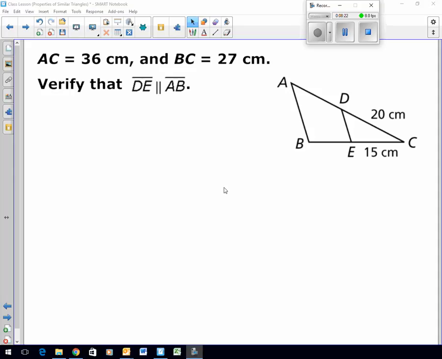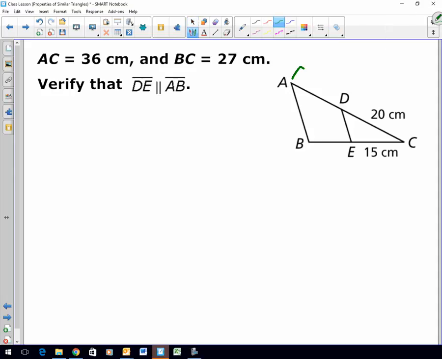So what are we going to be trying to do here? Figure out the proportionality of two sides of this triangle. Without knowing what to do, you're going to be real lost. AC is a total of 36 centimeters.